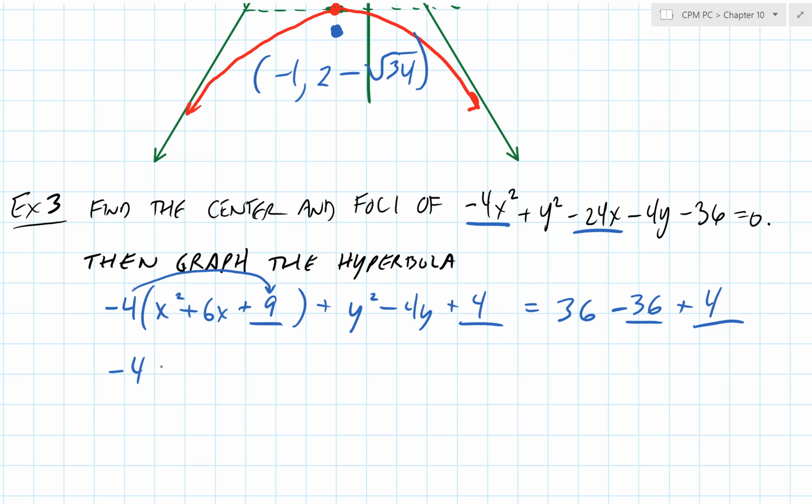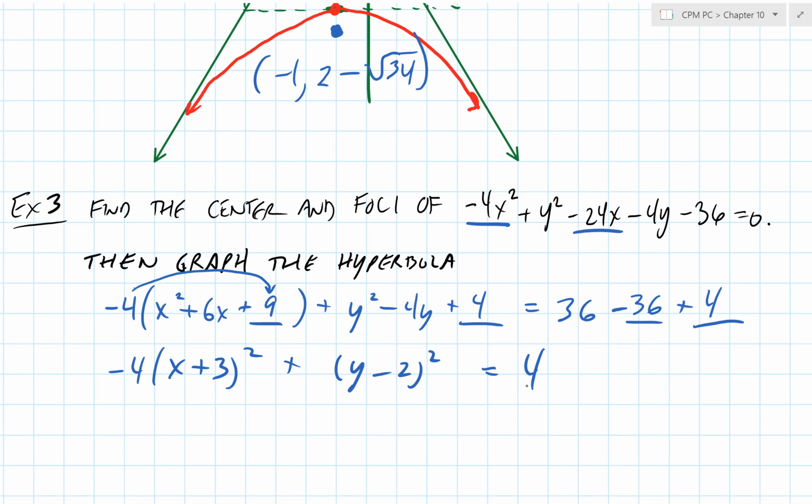Now we have -4 times (x plus 3) squared, and (y minus 2) squared equals 4. And remember, we want to try to get it in the form for a hyperbola, so we want the right side to equal 1.